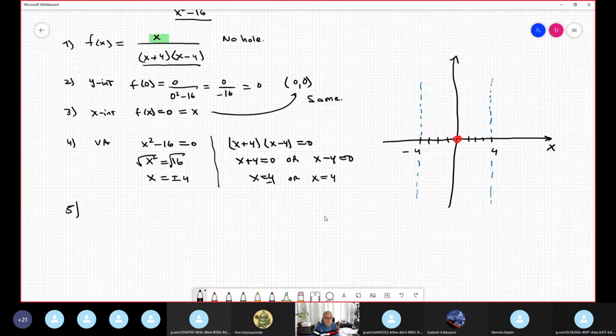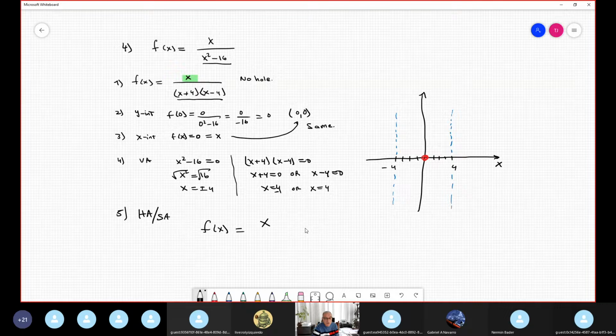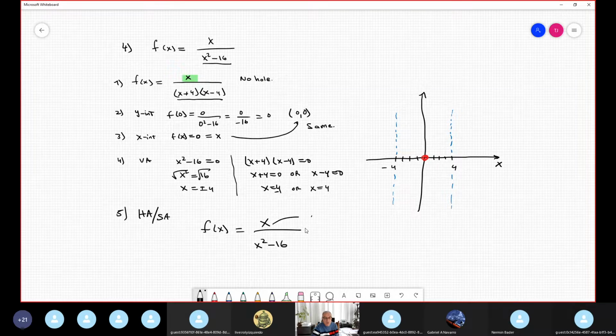Now the next step is to determine the horizontal asymptote or slant asymptote. And remember, to do that, we need to analyze degree. The function that is given at the beginning was x over x squared minus 16. Degree of this polynomial is 1. Degree of this polynomial is 2.